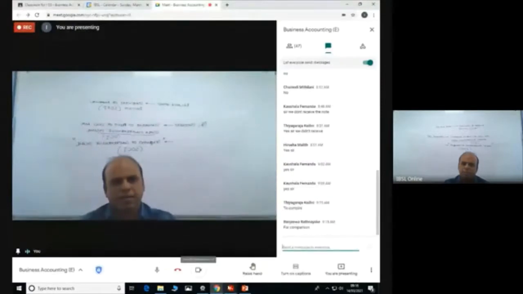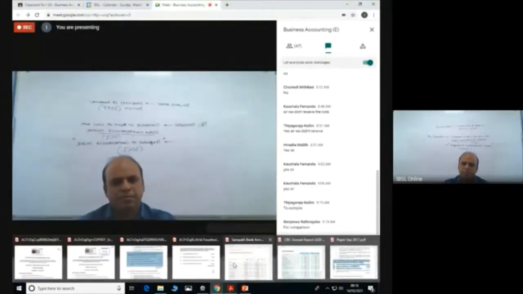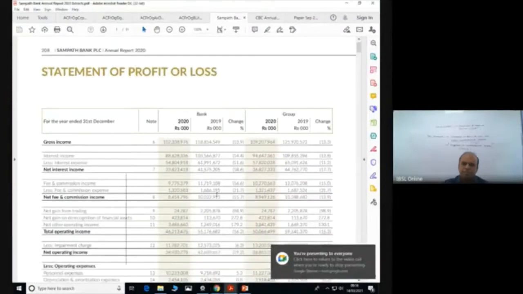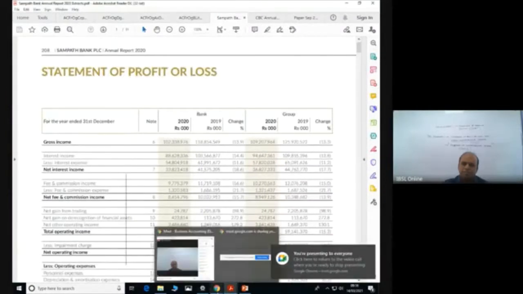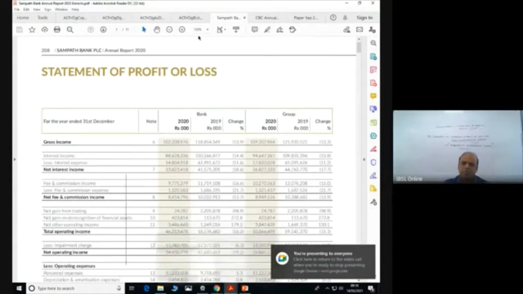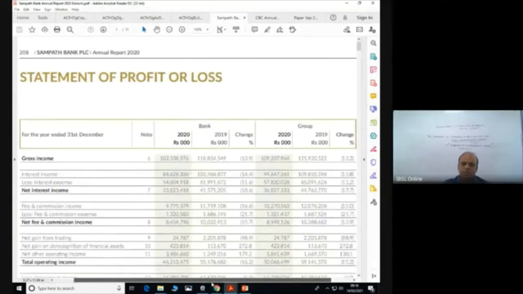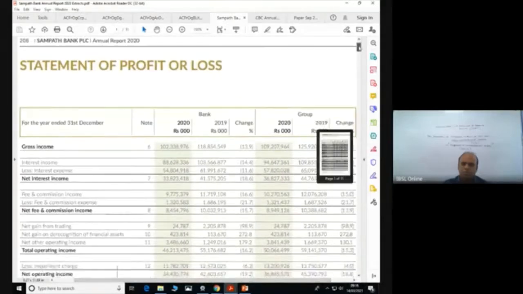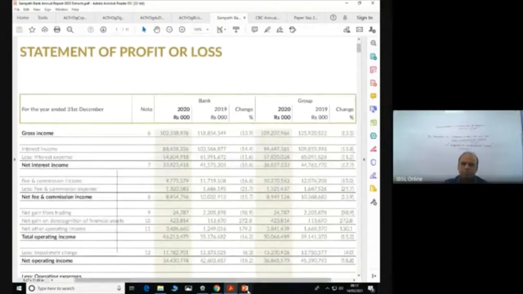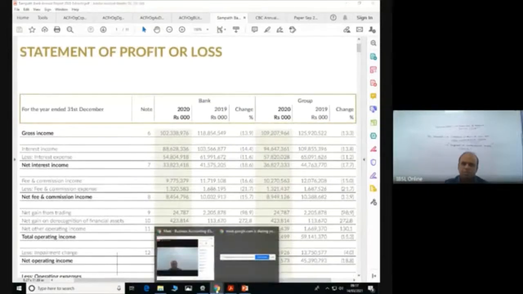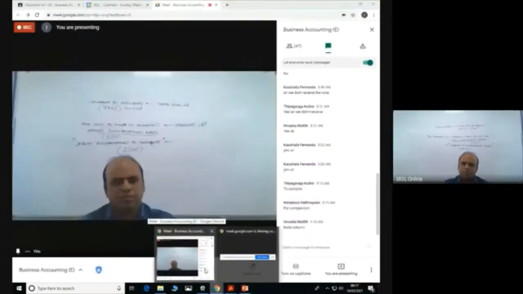Can anyone pick it? Or do you want me to zoom it a little bit? Okay, so is it visible now? What is it? Note column. Okay, not that.